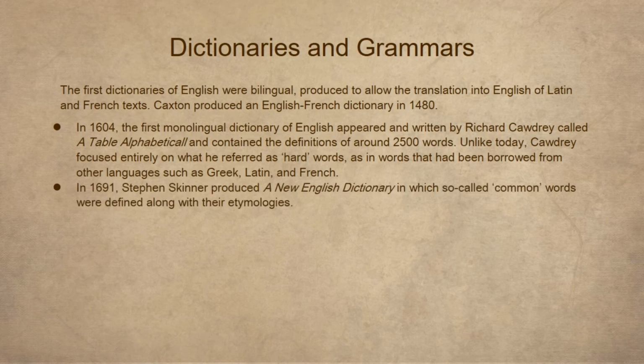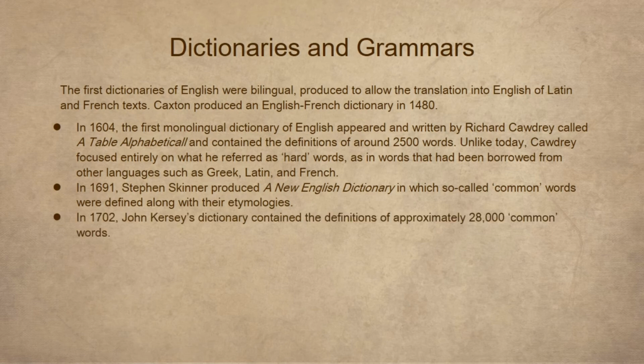In 1691, Stephen Skinner produced a new English dictionary in which so-called common words were defined along with their etymologies. In 1702, John Kersey's dictionary contained the definitions of approximately 28,000 common words.